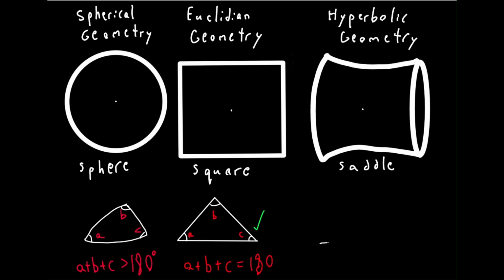Now, what about hyperbolic geometry? Well, once again, the triangle is different. As you can see, the lines are divergent. Which means if we were to draw a parallel line for each of them, they would not meet at all.